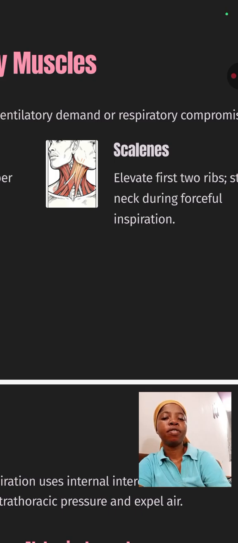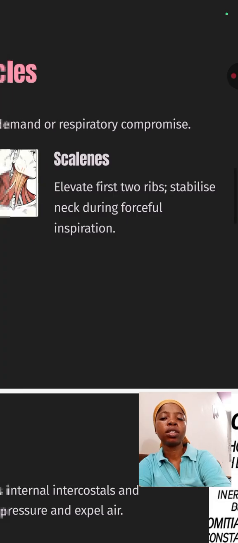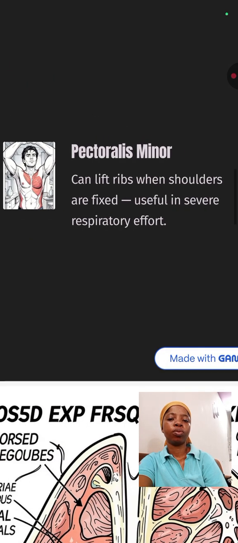Scalenes elevate the first two ribs and stabilize the neck during forceful inspiration. Pectoralis major can lift ribs when the shoulders are fixed, useful in severe respiratory distress.